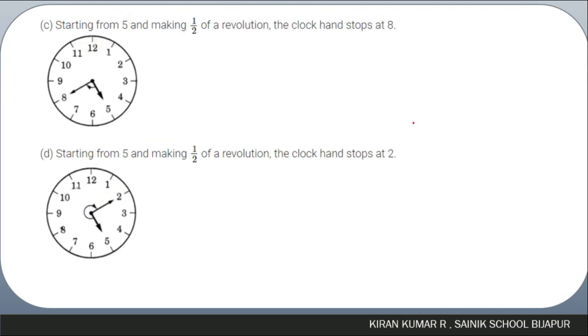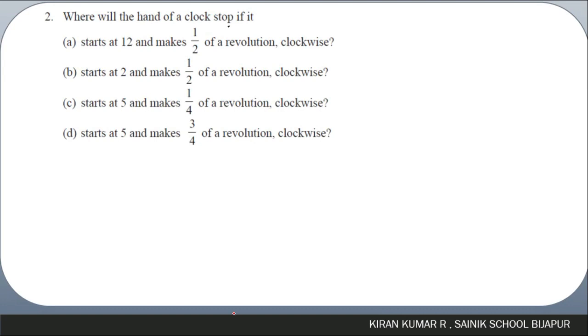Next one, starting from 5, making half a revolution, the clock hand stops at 8. Here there is a small mistake. It is not half a revolution, it is 1/4 of a revolution. Look at the question back. It is 1/4 of a revolution.